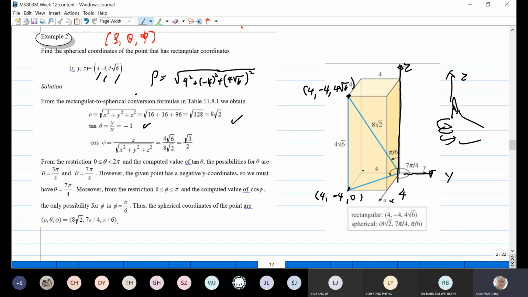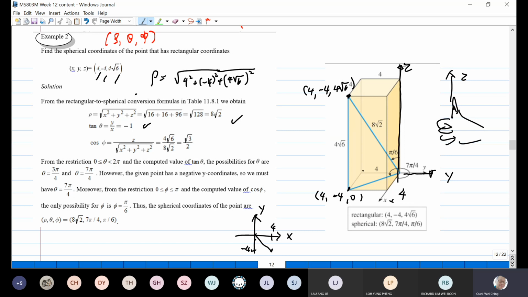So you can see from the diagram, on the xy plane, right? If you draw the xy plane here, you have 4, minus 4. X equal to 4, y equal to minus 4, so the point is here.